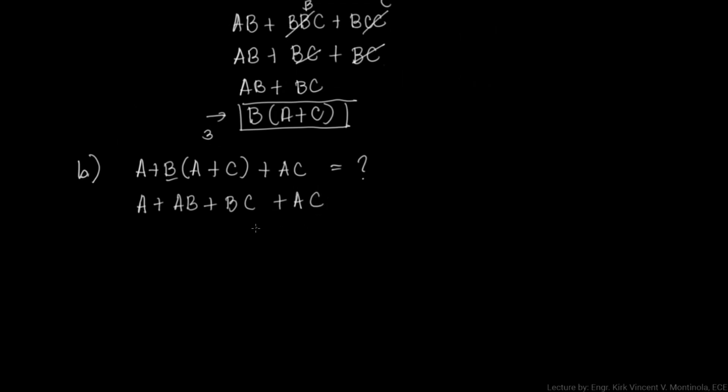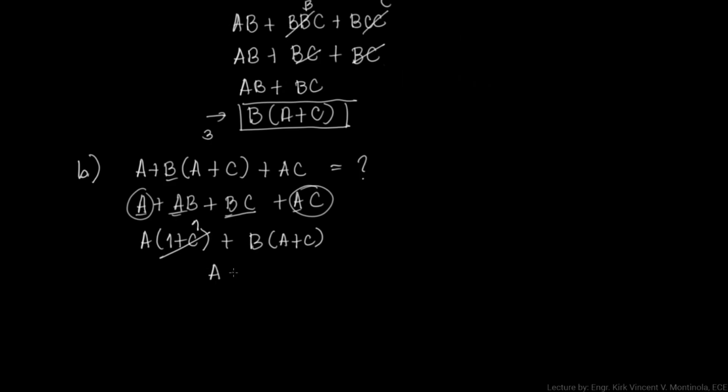Let's try to factor out A here, A and A. Then we can also factor B. So what if factor ko to at ito? So we have A, that is 1 plus C, and then plus ito, factor ko yung B, that is A plus C. So what happens here, this becomes 1.